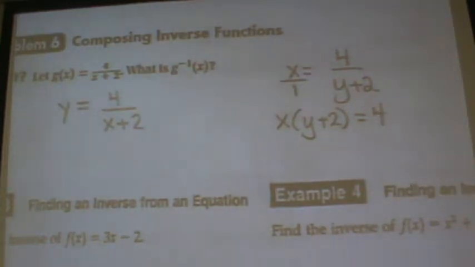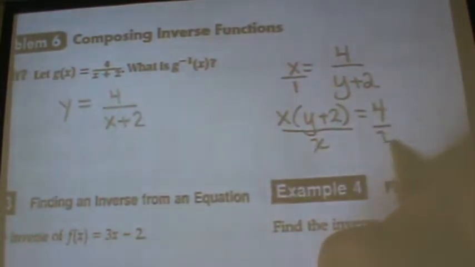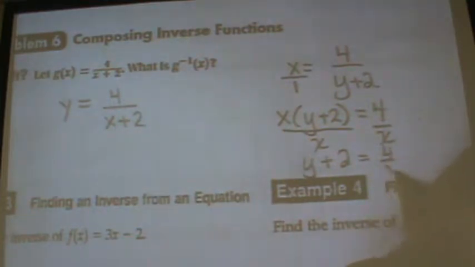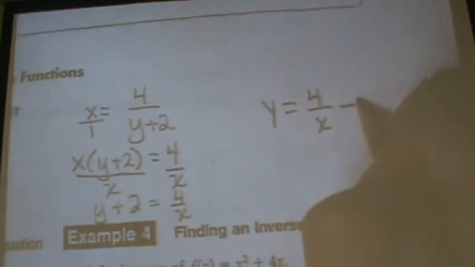Now, I'm trying to solve for y, so don't distribute that x. Divide by x. And then what? Subtract 2. Is it just next to the fraction, or is it on top of it? Nope, 4 over x minus 2. Okay.